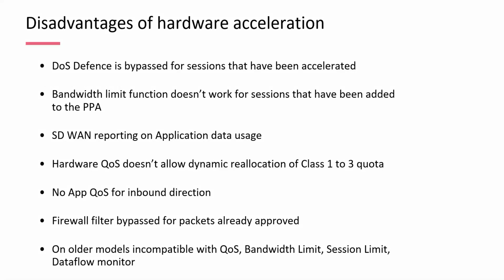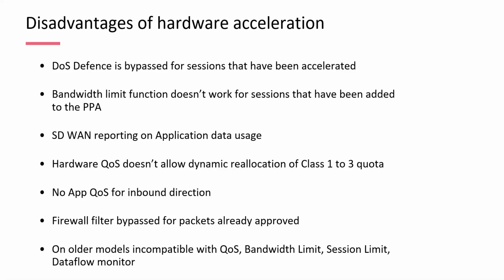And the final thing on disadvantages is some features that are incompatible with hardware acceleration. It applies more to some of the older models because with the current range, we incorporate more things that can be used in conjunction with hardware acceleration. But things like, for example, DoS defense is bypassed for sessions that have been accelerated.